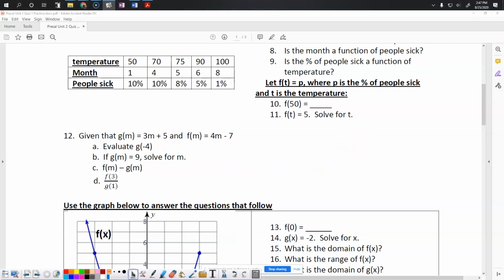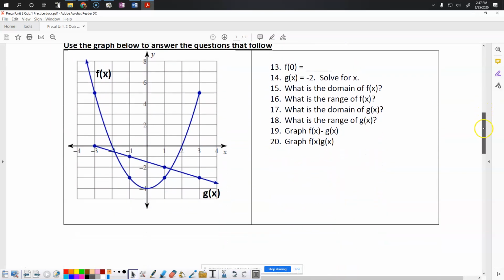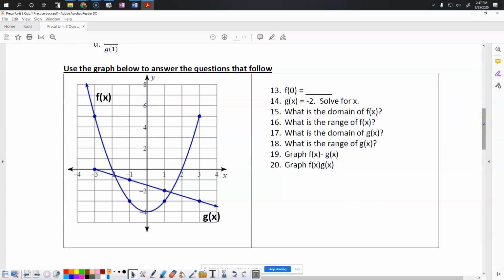All right, moving on. Use the graph below to answer the questions that follow. We have two functions on this graph. We have f and g. I'm going to go ahead and color code them.